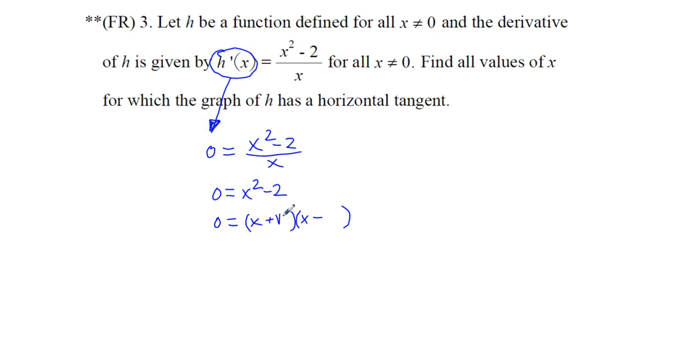So we have x plus square root of 2 times quantity x minus square root of 2. And so solving this equation, we're going to have x is equal to negative square root of 2, and also x is equal to square root of 2. It says find all values of x. So these are the values of x. So that is problem number 3 worked out.